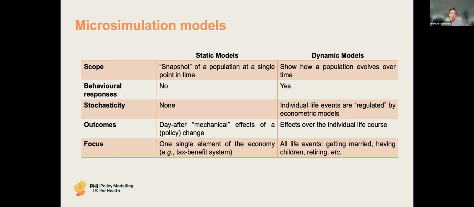The focus of static models is normally one single element of the economy. For example, the classical static microsimulation model is the one for a tax benefit system of one country. On the contrary, dynamic models try to model all the events that occur in a life course.